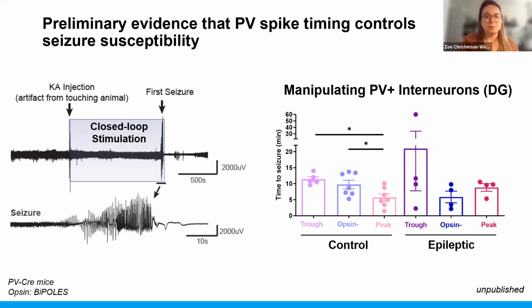And the epileptic data is much more variable, which I think is kind of interesting. We're collecting more to flesh this out a bit. So this is preliminary, and it's hard to say anything too strongly about this, but I think certainly in the control animals, misaligning the inhibitory spiking to the peak is decreasing the time to that first seizure by an average of about 5 minutes, and is therefore increasing seizure susceptibility in otherwise control animals.